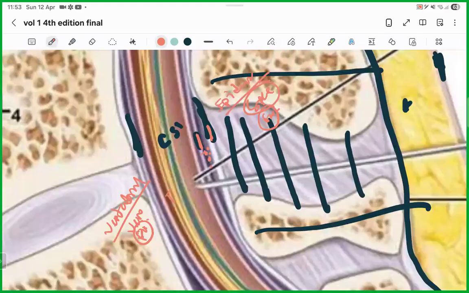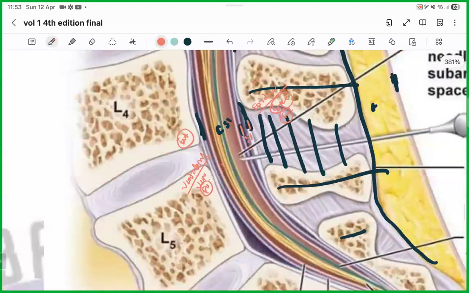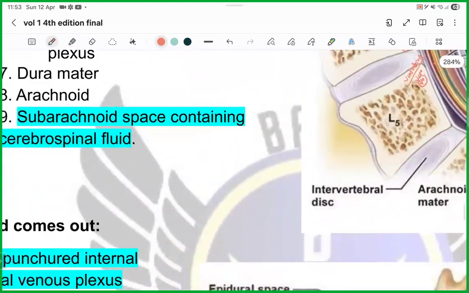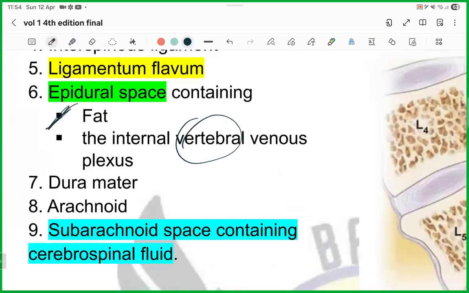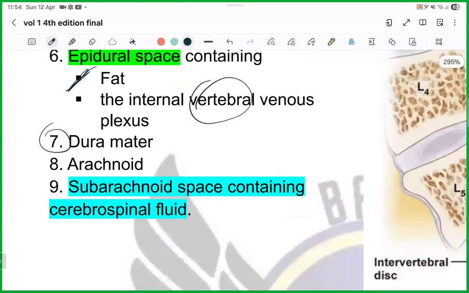So the first layer inside the canal is epidural fat, and any bleeding is from the vertebral venous plexus. Then we have the dura, and then the arachnoid.